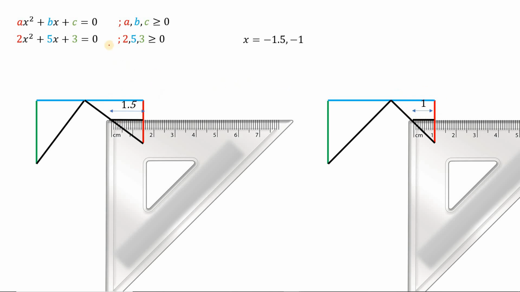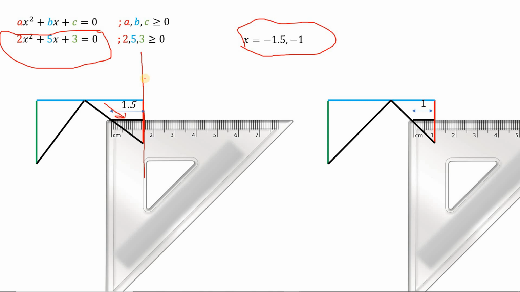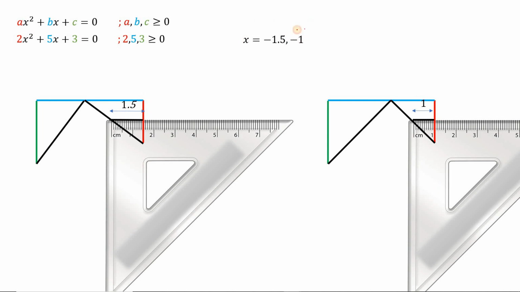As we can see, the solutions of this quadratic equation are x equals minus 1.5 and minus 1, since this horizontal line lies on the left side of this red line, hence this is negative. Here also this line segment 1 is on the left side of this red line, hence it's negative, so the solutions are minus 1.5 and minus 1.